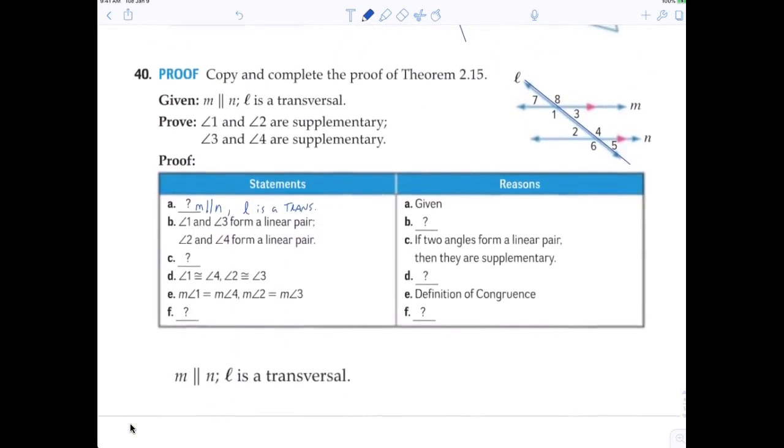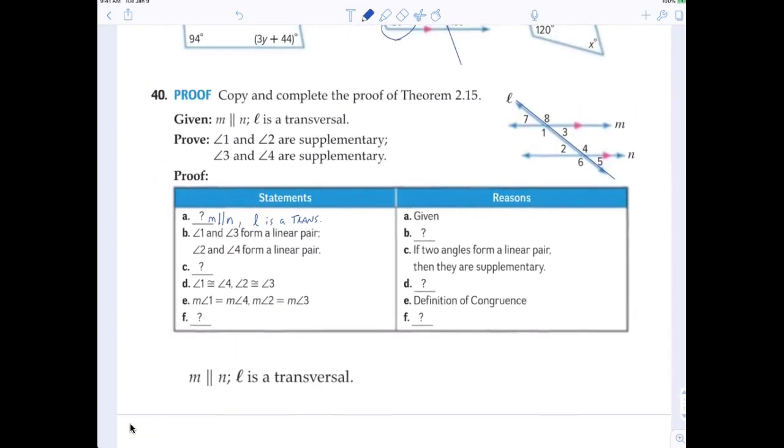What's next? Why do angle 1 and angle 3 form a linear pair, and 2 and 4 form a linear pair? Why is that? Definition of a linear pair. Yeah, I'm really happy with that, guys. That's exactly correct. Very good. That's what the linear pair says.